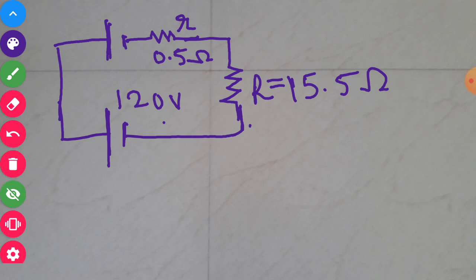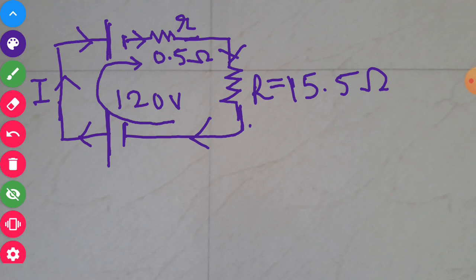Now see, current will always flow from the higher voltage battery. It goes like this, charging the battery, and this is the direction of current. We do not know the value of current. Let the current in the circuit be I. Now we apply Kirchhoff's rule in the anti-clockwise direction. This direction is the direction of motion for me.